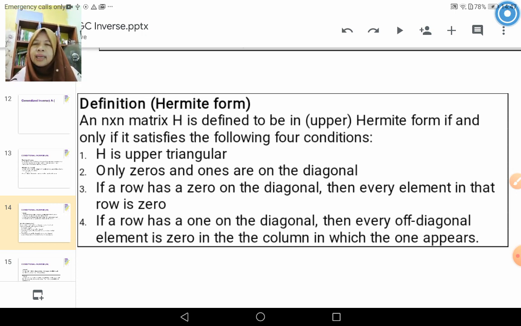An n times n matrix H is defined to be upper Hermite form if and only if it satisfies the following 4 conditions. First, H is upper triangular. Do you know what upper triangular is?